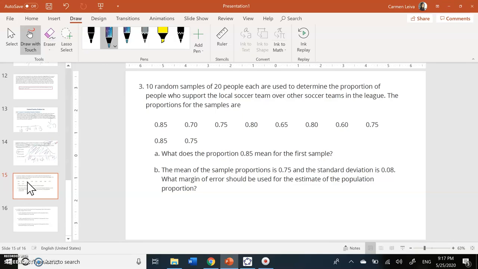The first question says, what does the proportion 0.85 mean for the first sample? They tell you here a proportion. So they took 0.85 out of somewhere, and keep in mind that here we're talking about 20 people. So think about that.